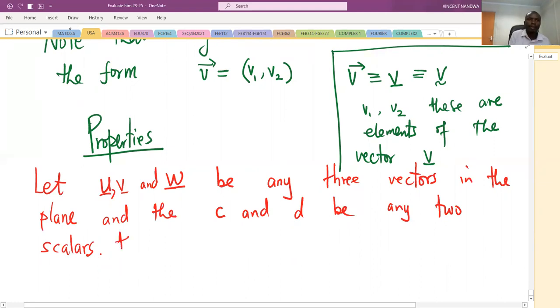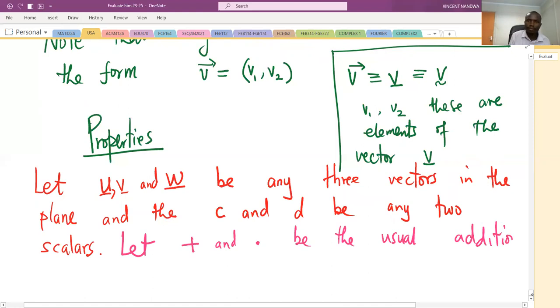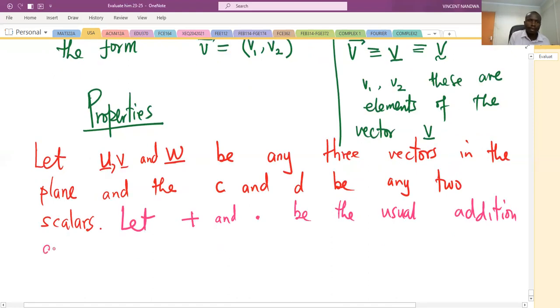Let these be the usual addition and scalar multiplication respectively.